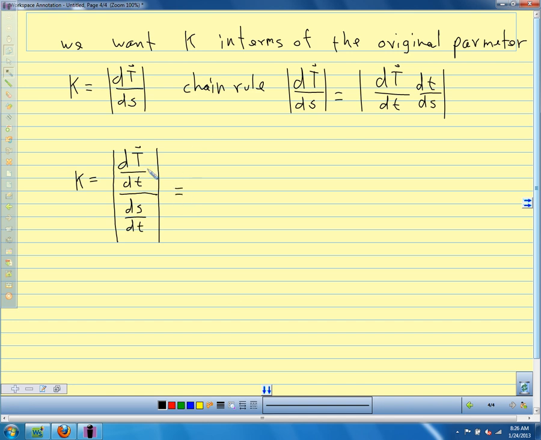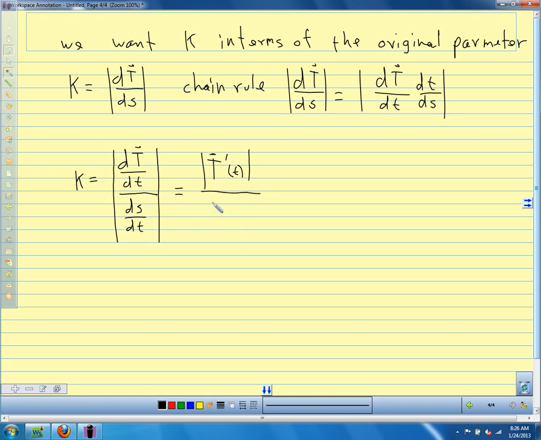What is our numerator here? What is the derivative of our unit tangent vector with respect to time? How can we rewrite that? Just T prime. And what did we say is ds/dt?